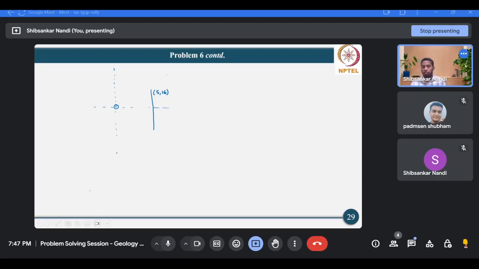Okay, so let's change the orientation, because along X we have taken the width.